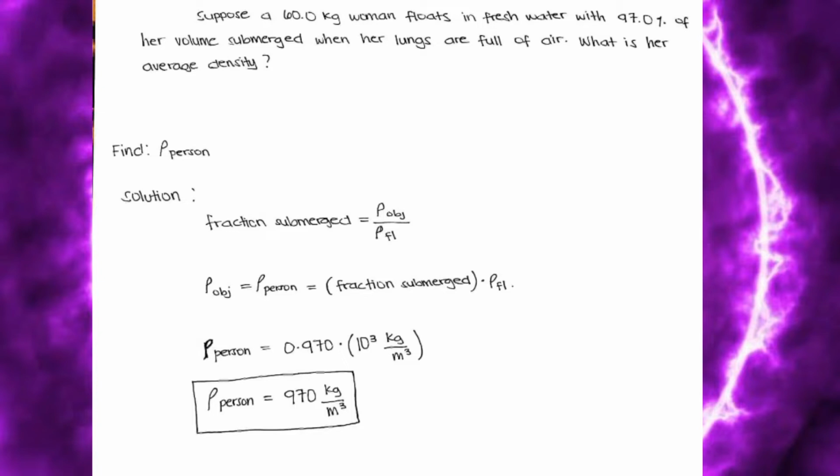So in this problem, we must find the rho of the person, for which we use the equation rho person is equal to fraction submerged times rho fluid. So our fraction submerged here is 97%, and rho fluid is 10^3 kilograms per meter cubed. So we multiply, and we get rho person is equal to 970 kilograms per meter cubed.